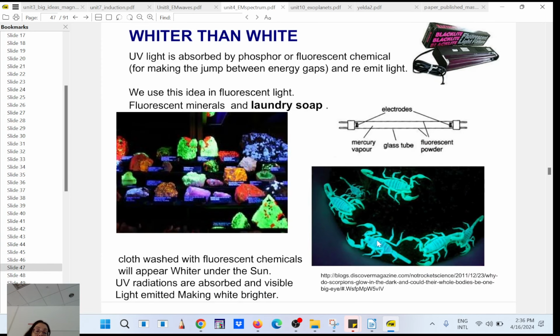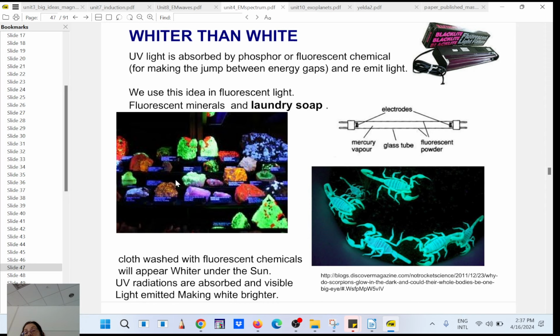For example, if you are in biology, some species of scorpion absorb UV from the sun during the day, and at night they emit visible light, so they look fluorescent. It's not very well explained, at least when I read the paper, so maybe they changed it now.